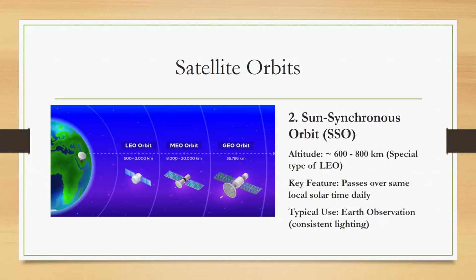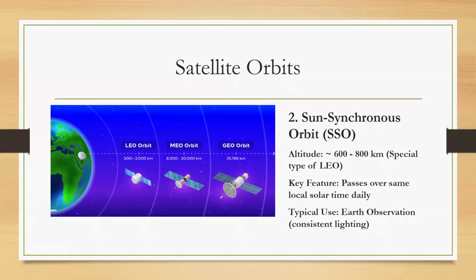And they are special in the sense that they are put in a kind of orbits that help us return specific illumination of the sun over any given location. So when these satellites pass over any given location on Earth, they always pass that location at the same time of the day, so that the sunlight illumination is always very similar, and that's why they are called sun-synchronous orbits.